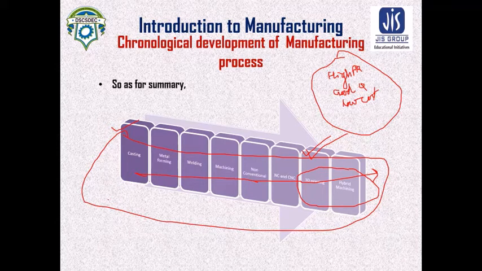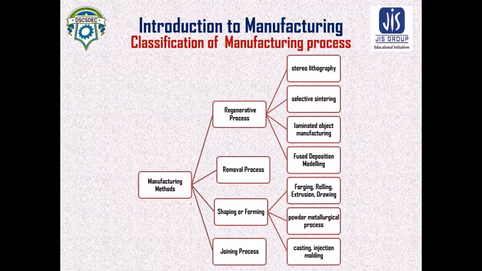So now we will see the classification of the manufacturing method. The manufacturing method is classified in four main broader ways: shaping and forming, removal process, joining process, and regenerative process.